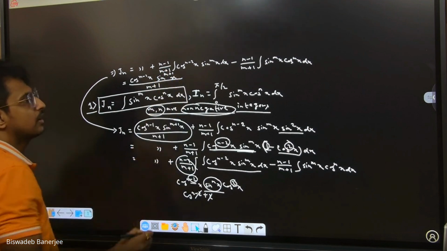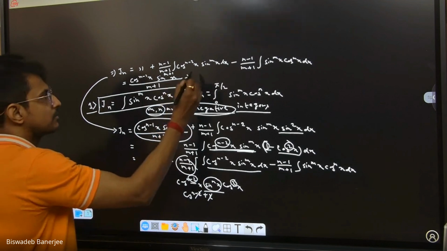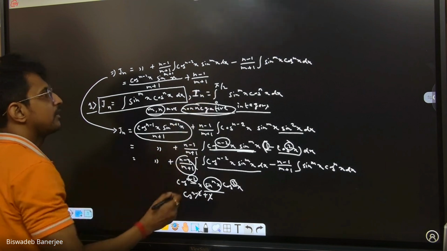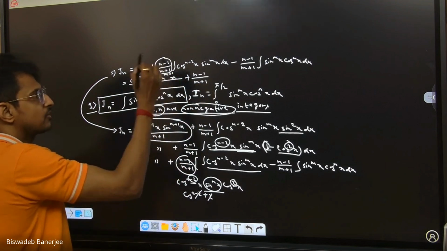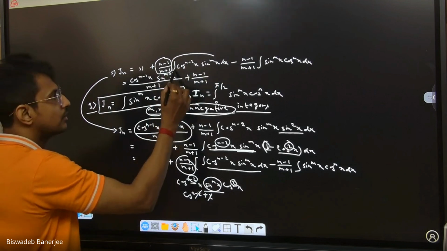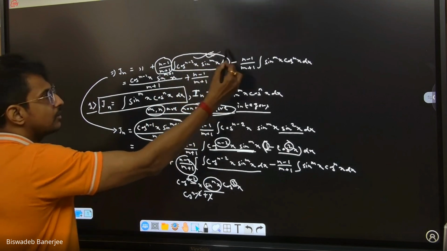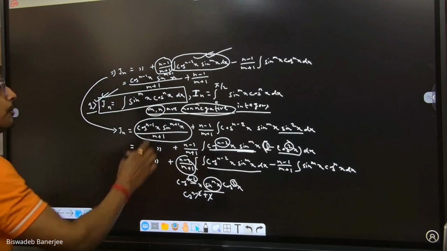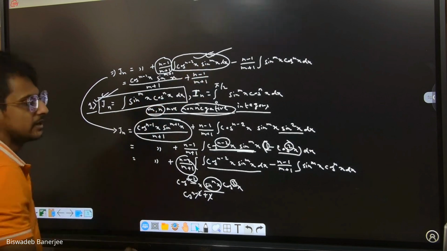Plus this n minus 1 by m plus 1 remains as it is. Now what about this? Compare this integration with my Jn.